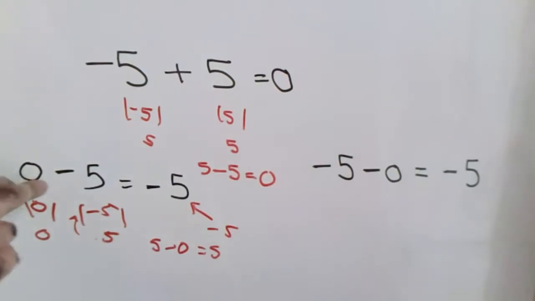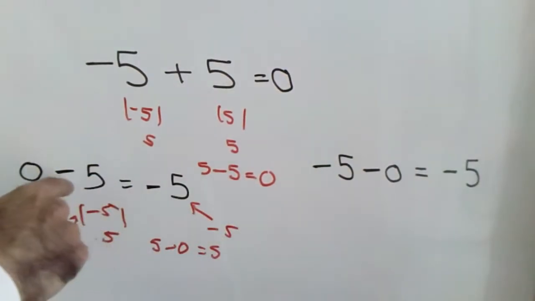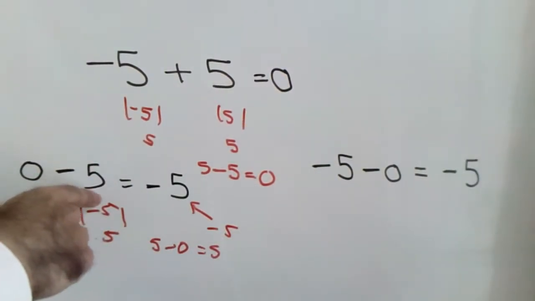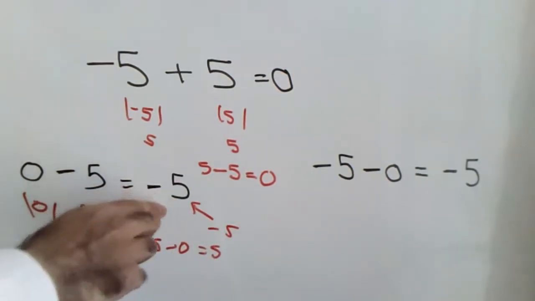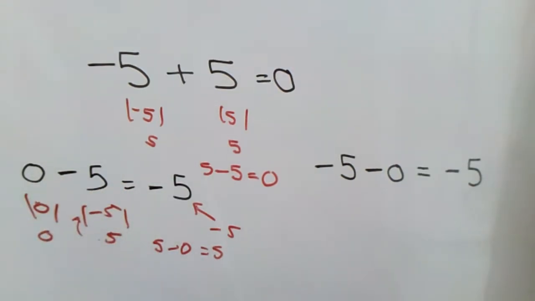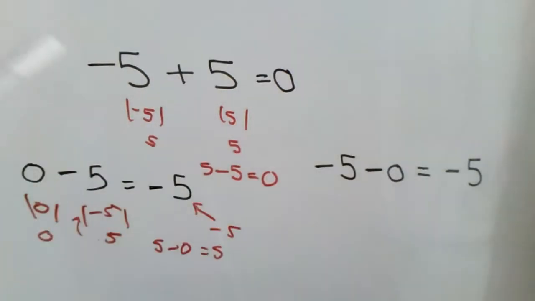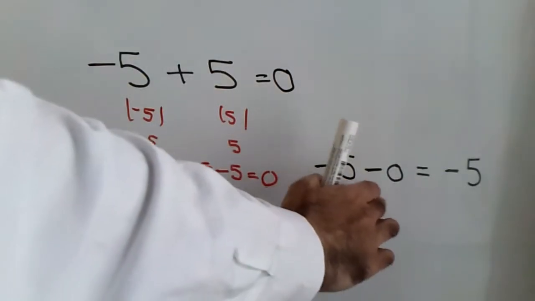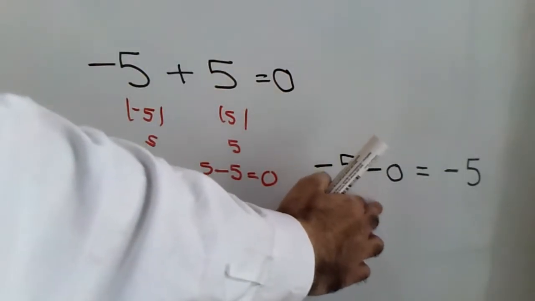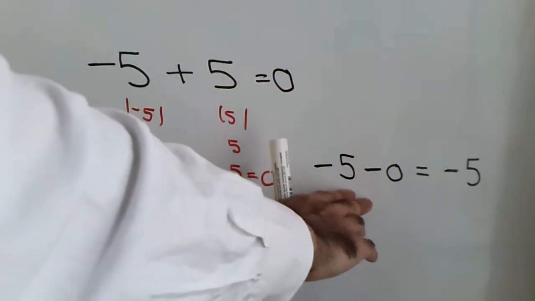All this is saying is that you're at 0 and you move to your left 5 places, which is negative 5. So this should be obvious. Again, another easy one: negative 5 take away 0. You're at negative 5 and you move to your left 0 times, so you're still at negative 5.